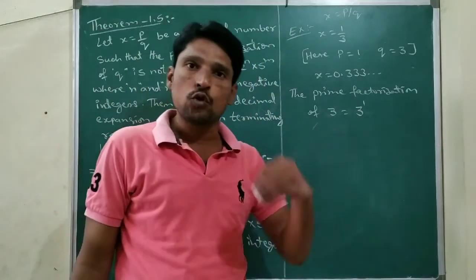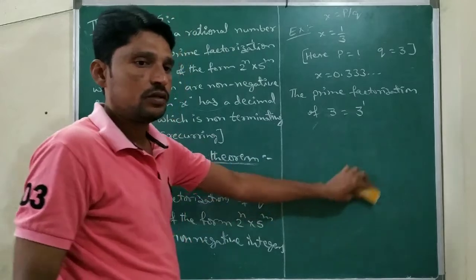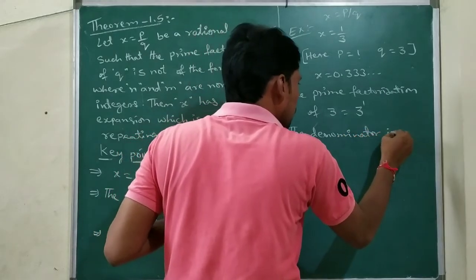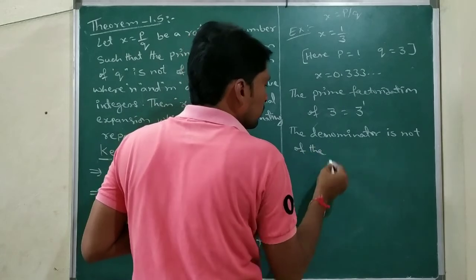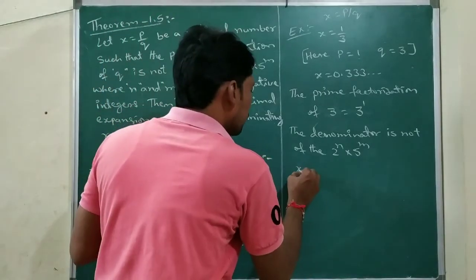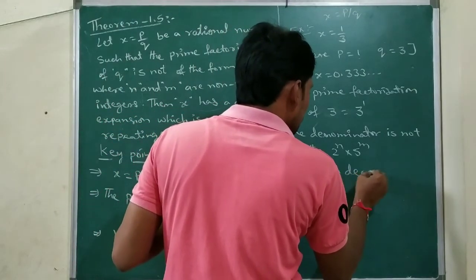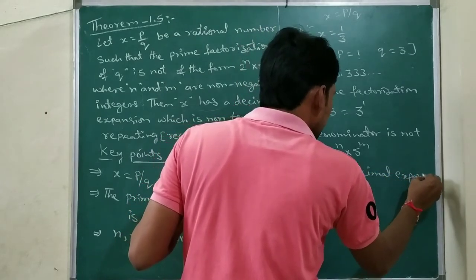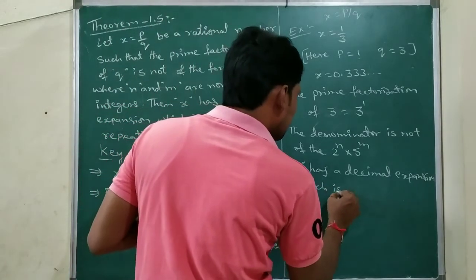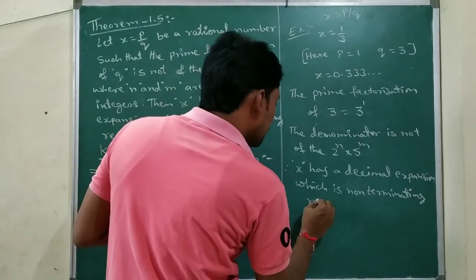Is 3 power 1 in the form of 2 power n into 5 power m? No. So it is not of the form 2 power n into 5 power m. That you have to write: the denominator is not of the form 2 power n into 5 power m, therefore x has a decimal expansion which is non-terminating and repeating.